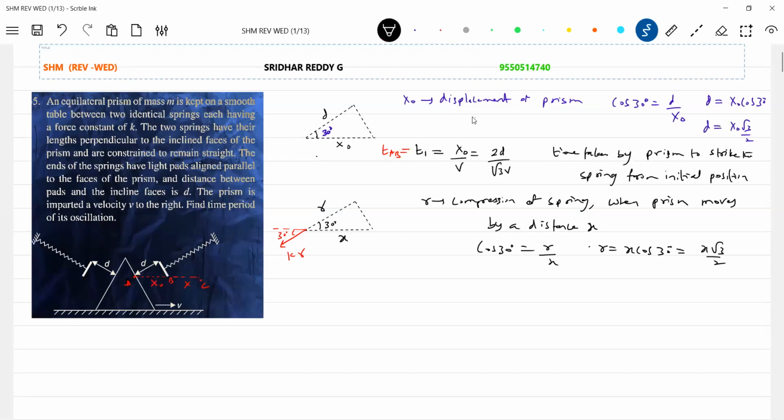So now the spring force in the horizontal direction, write that one. That will be kR cos 30. What is R? x cos 30.